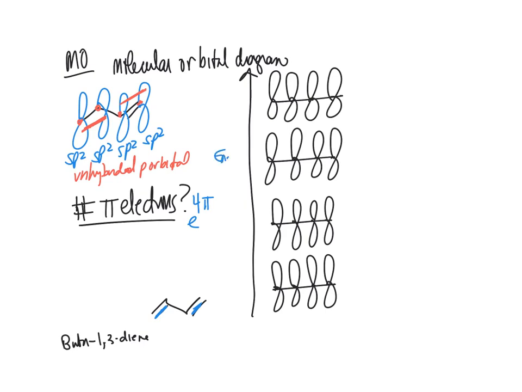Now energy increases as we go up. And so when you have 4 pi electrons, we have to put the 4 pi electrons in the orbitals. So you've probably seen little boxes like this.